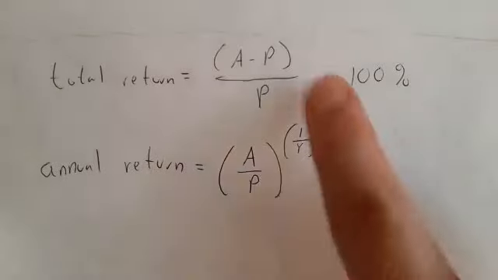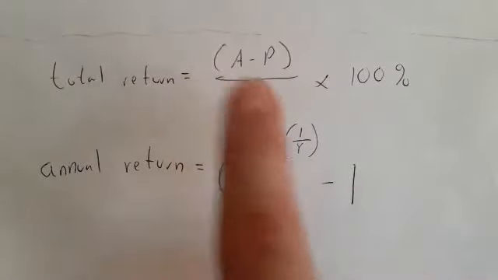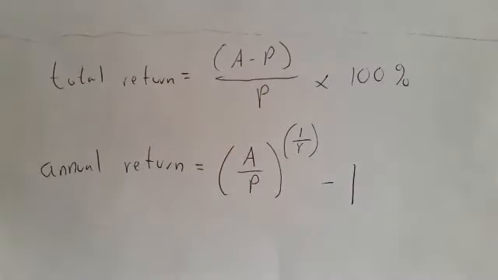So this is a sort of relative difference or relative increase: new minus old divided by old, and then we convert it to a percentage. The annual return is a little bit weird. It's new divided by old, to the exponent of 1 over the number of years, and then we have to subtract 1 from that.